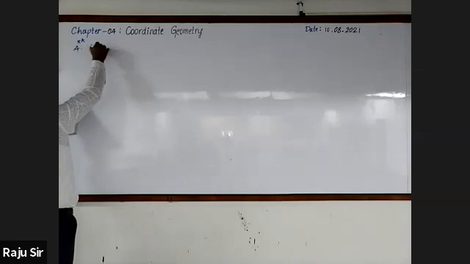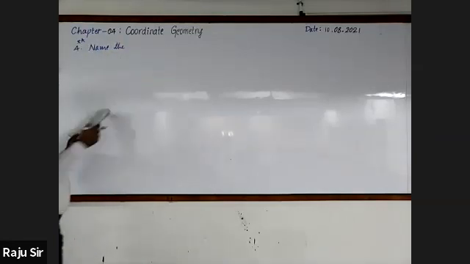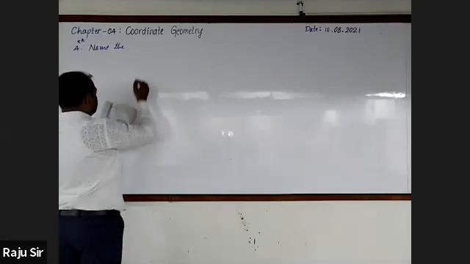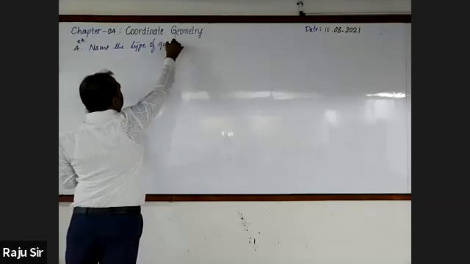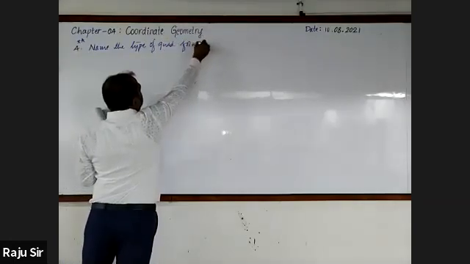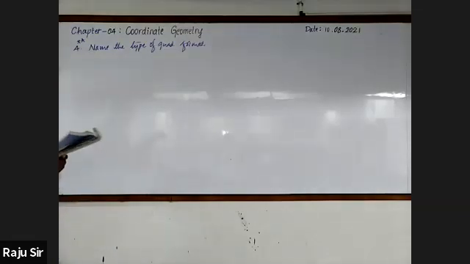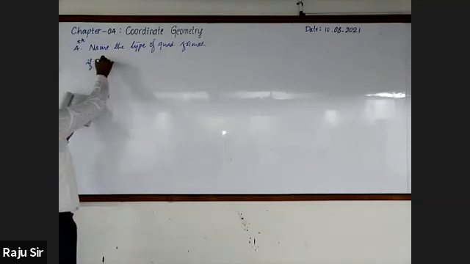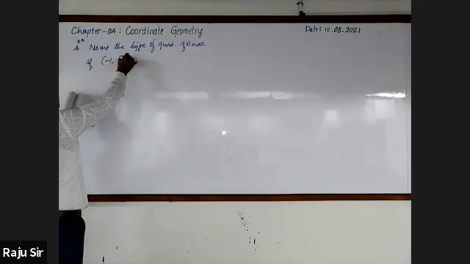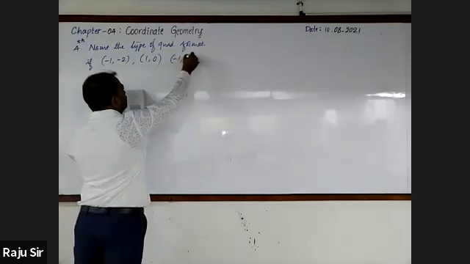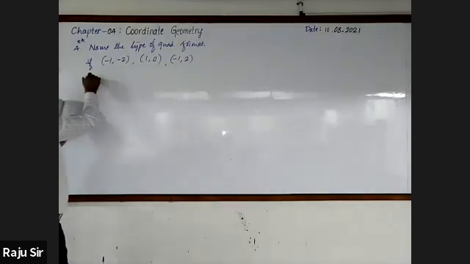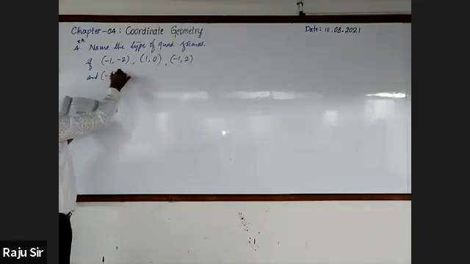Name the type of quadrilateral formed, if the vertices are minus 1 comma minus 2, 1 comma 0, minus 1 comma 2, and minus 3 comma 0.